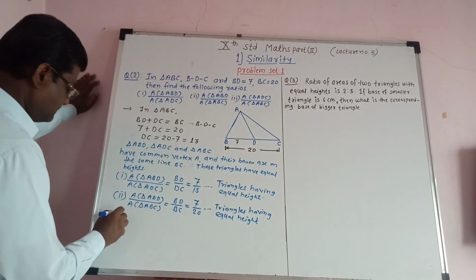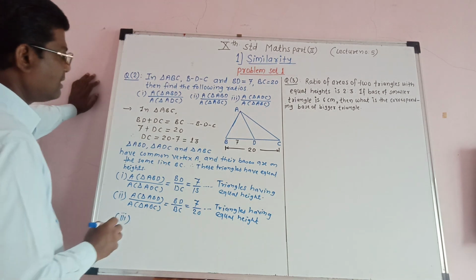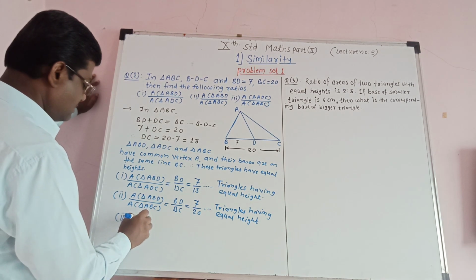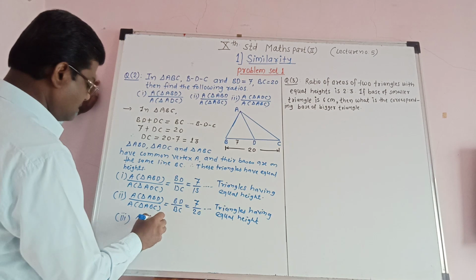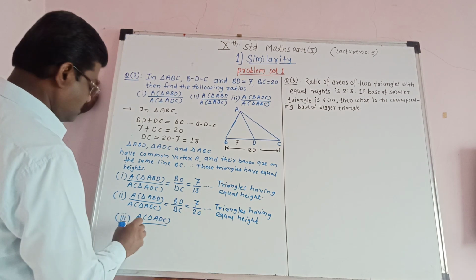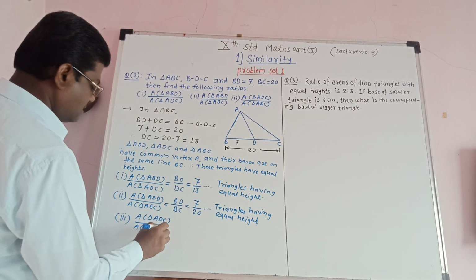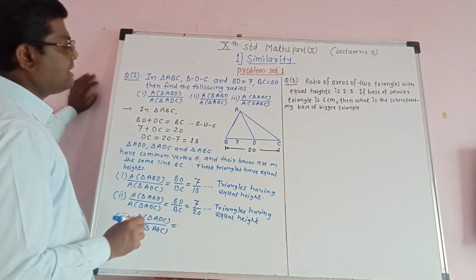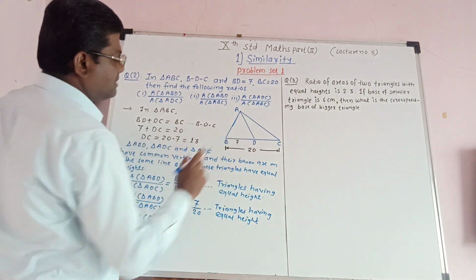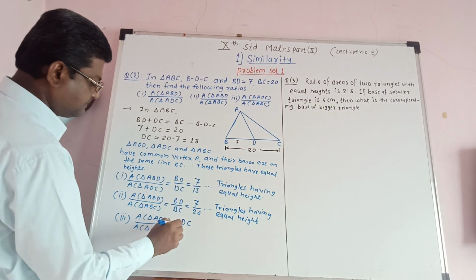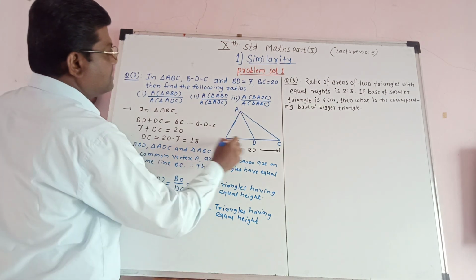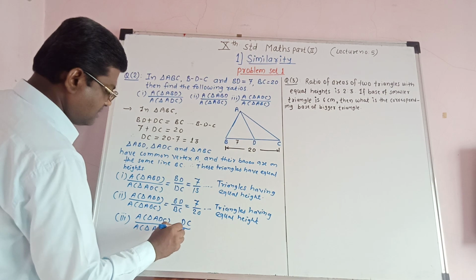Number 3, area of triangle ADC upon area of triangle ABC. Triangle ADC has DC base and triangle ABC has BC base.